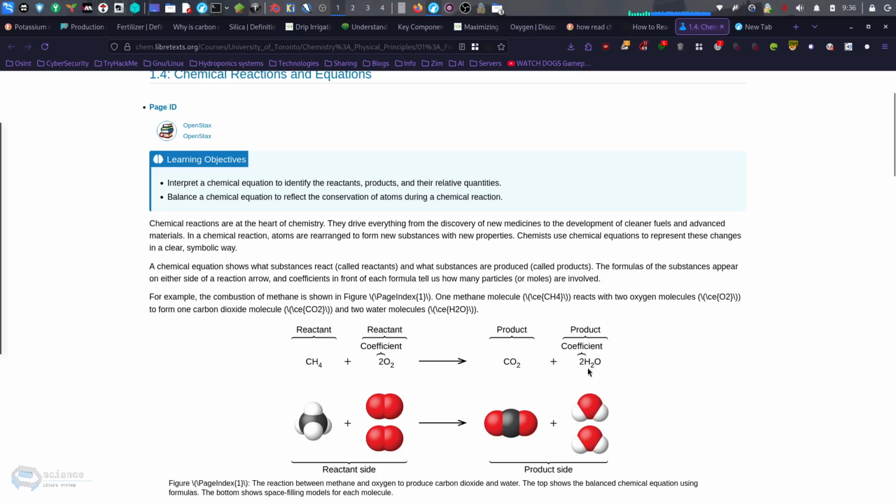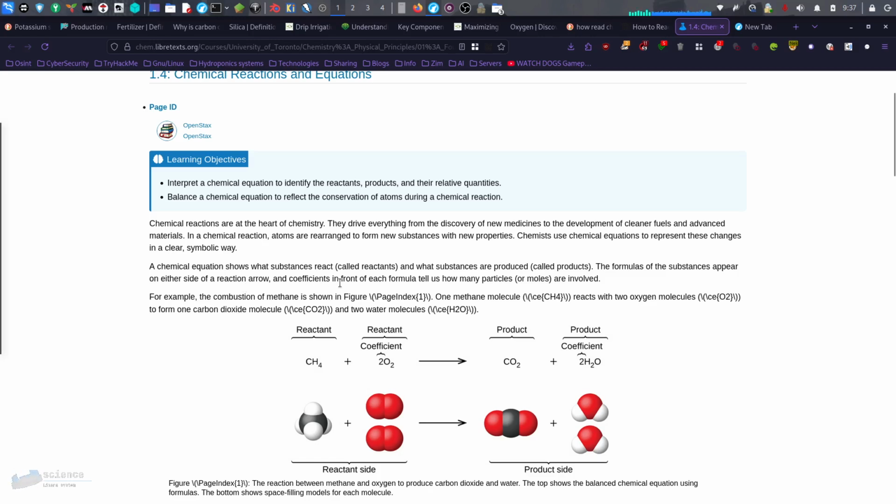This means 2 atoms of hydrogen, hydrogen 2, 1 oxygen. 2 hydrogen, 1 oxygen is 1 molecule. But the coefficient says we get 2 molecules: 1 molecule, second molecule.